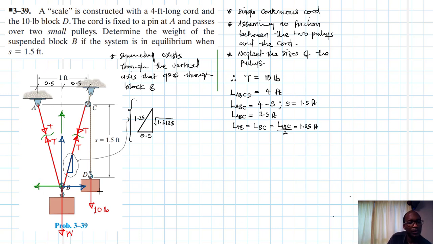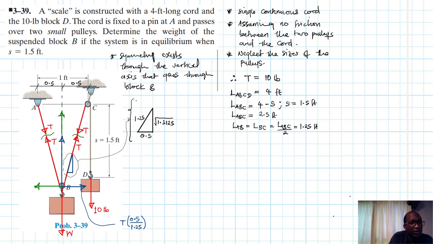So let's label them. So this one is equal to T times the run, which is 0.5 divided by 1.25, and so is this one.